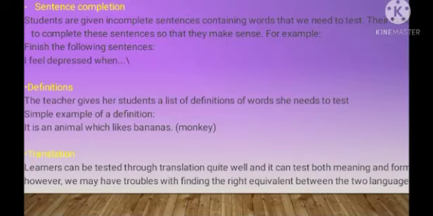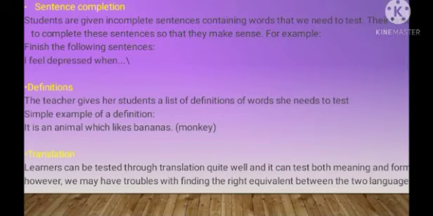Okay, next, definitions. The teacher gives her students a list of definitions of words. She needs to test a simple example of a definition. For example, it is an animal which likes bananas. So the student should find the meaning of the definition.